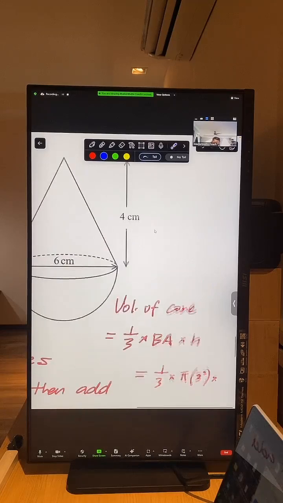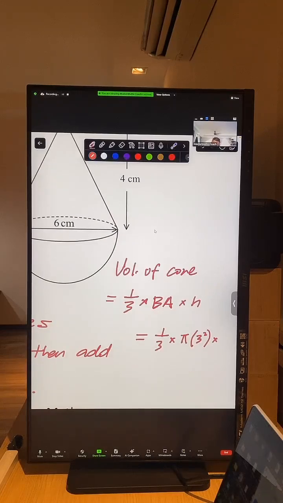So what is the height? The height is 4 cm. So we multiply it with 4. 3 square is 9, 9 times 4 is 36, and 36 times 1/3 is 12. So this will give me 12 pi cm cube.